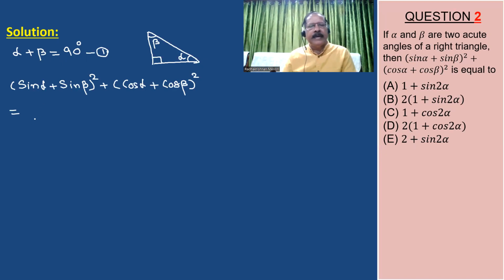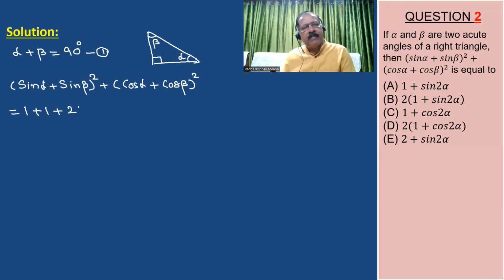So here it is very easy: sin squared alpha plus cos squared alpha will appear, so that is 1. Again sin squared beta plus cos squared beta will appear. That is also 1. Plus 2ab terms: 2 into sin alpha sin beta plus 2 into cos alpha cos beta.